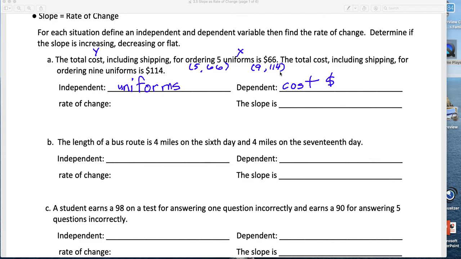I can find my slope or my rate of change, which are the same thing. Okay, and I find that by plugging those into the formula. So I know that M is going to be equal to, and it's Y's over X's. So 114 minus 66 divided by 9 minus 5.